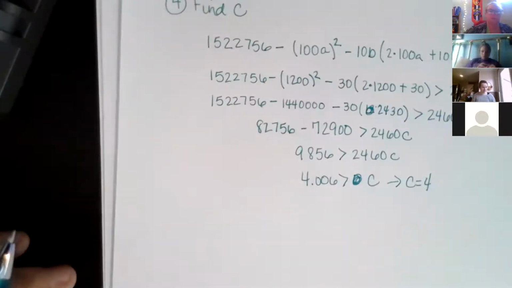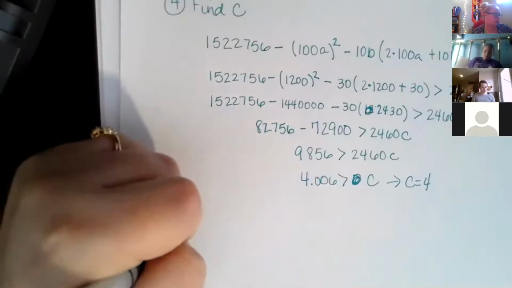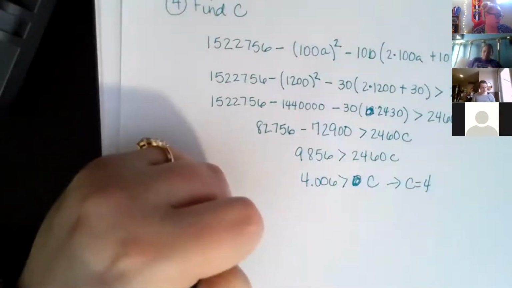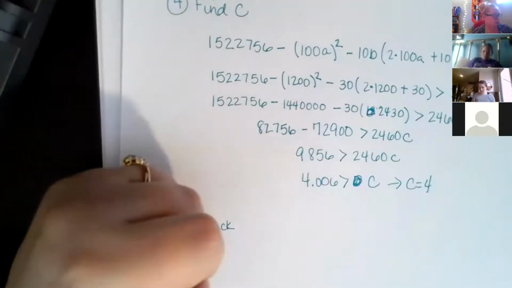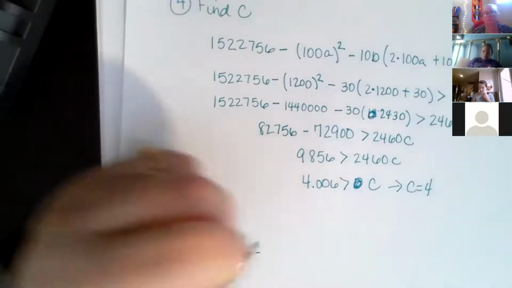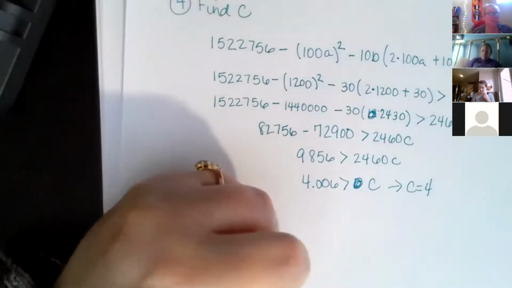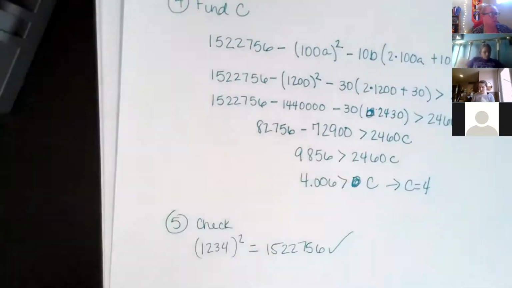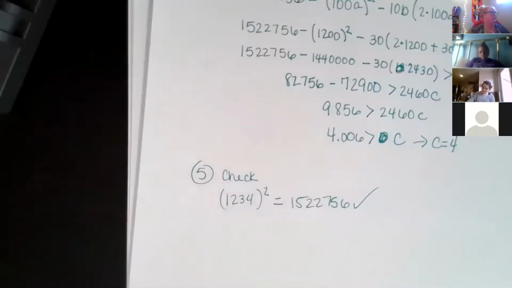And then for our last step, we check. 1, 2, 3, 4 quantity squared equals 1,522,756, and that is true because we constructed that number.